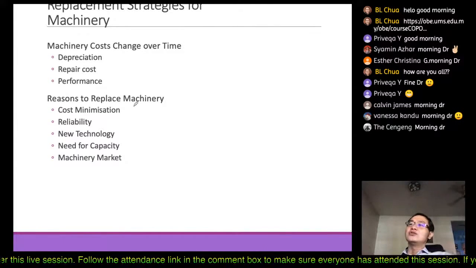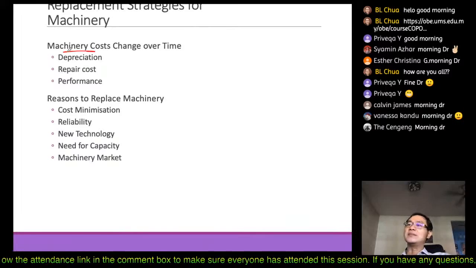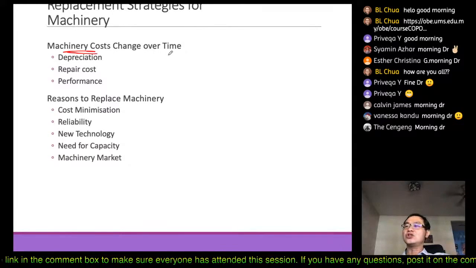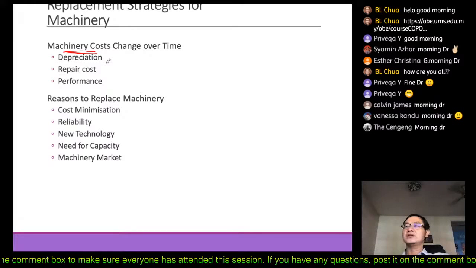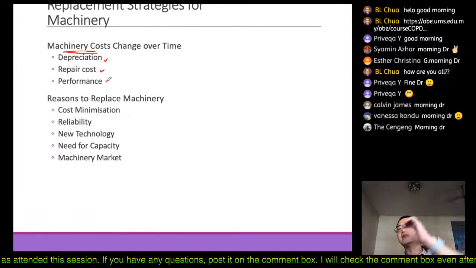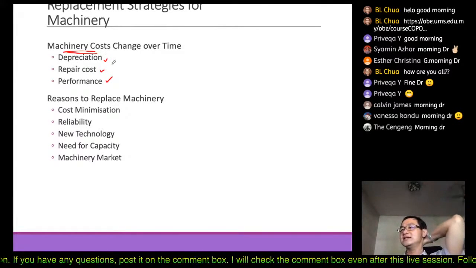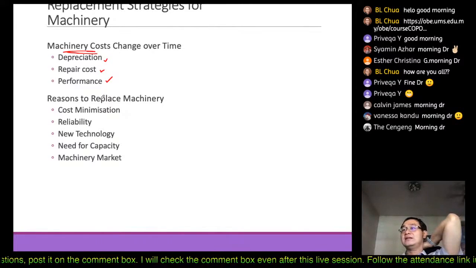It depends on how the machinery cost changes over time. The machines will depreciate, and the repair cost and the performance have to be considered.